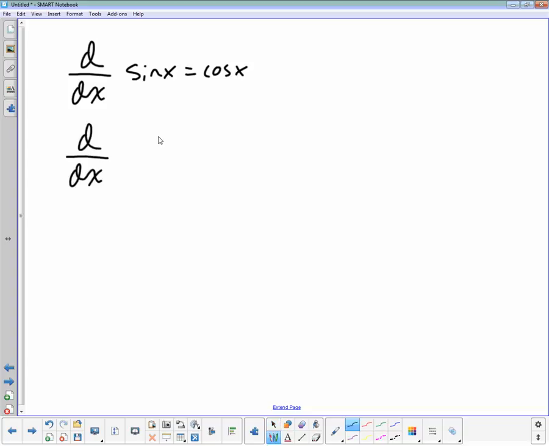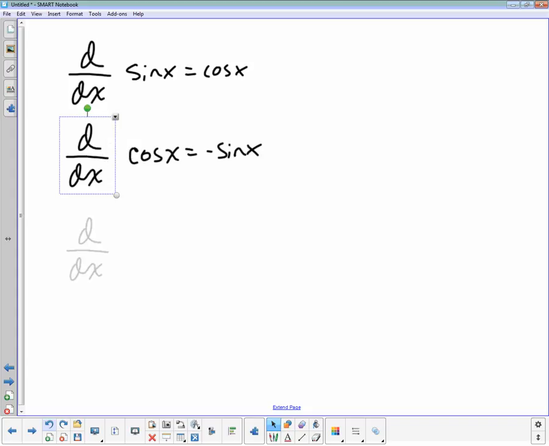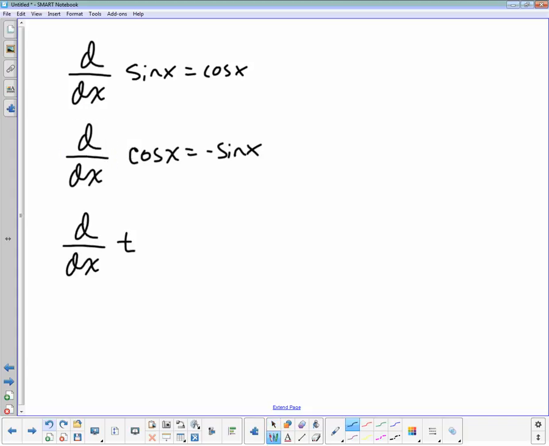Derivative of sine is cosine. Derivative of cosine is negative sine. The derivative of tangent is secant squared.